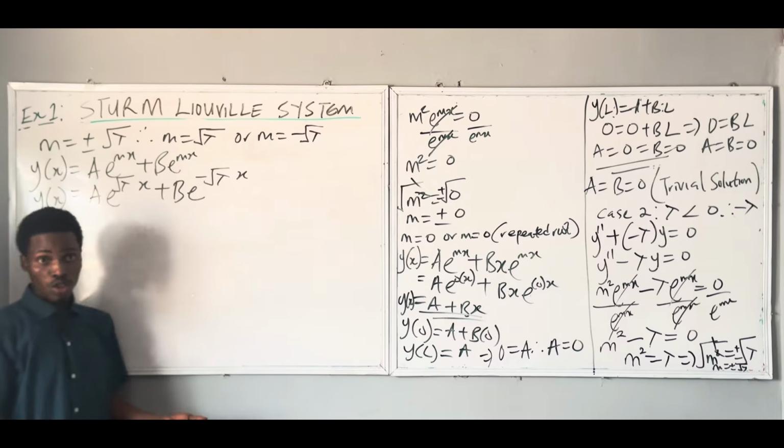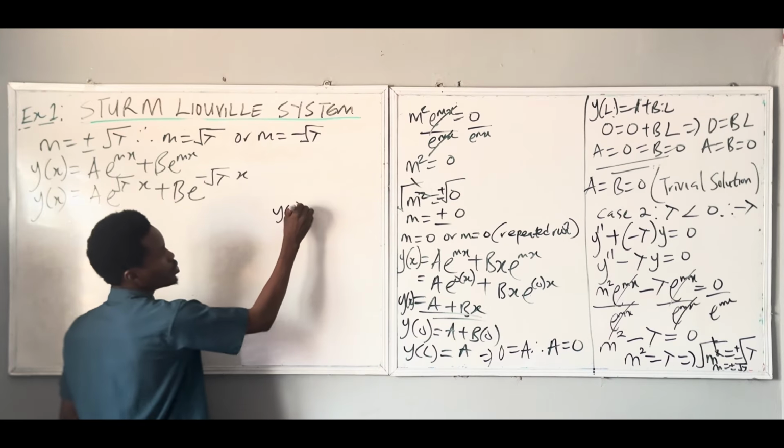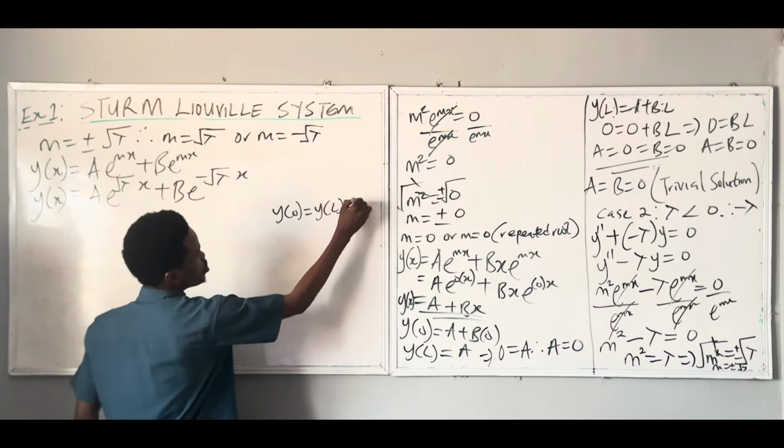But we are being given a condition that y of 0 is equal to y of n is equal to 0.